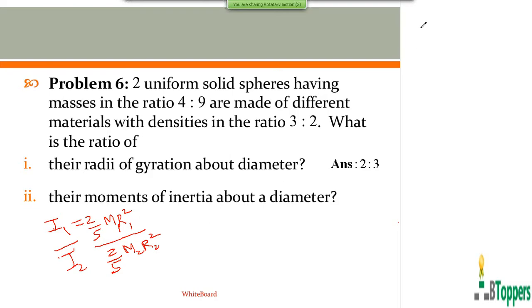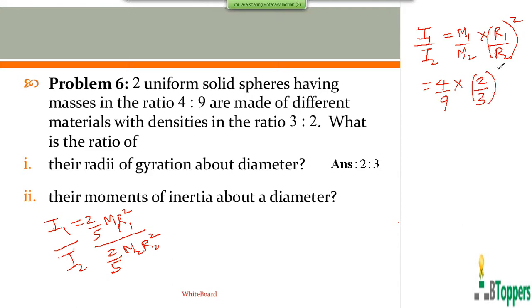So the ratio of the moments of inertia of the two spheres about a diameter will be the ratio of the masses multiplied by the square of the ratio of the radii of the two spheres. The ratio of the masses is given as 4:9, so m1 by m2 is 4 by 9. R1 by R2 we got as 2 by 3.